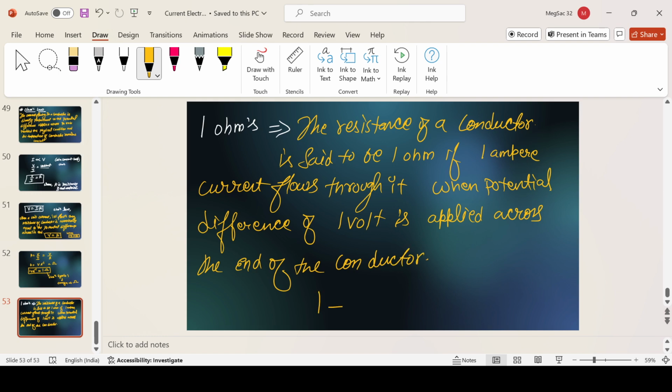So 1 ohm will be equal to 1 volt upon 1 ampere. Got it everyone? Yes, sir.